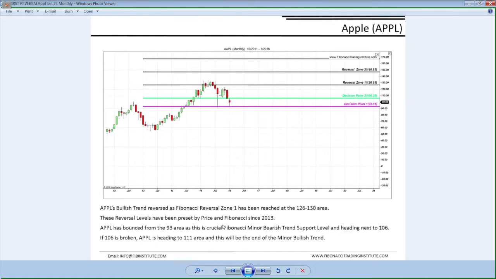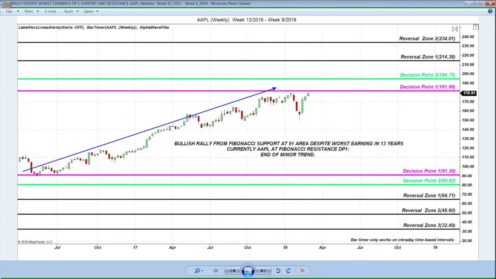This support respected and Apple rallied. Worst earnings did not mean a thing. Fibonacci support meant everything. This is Apple a few years later. All identified in advance. Apple rallied. Worst earnings didn't mean a thing.